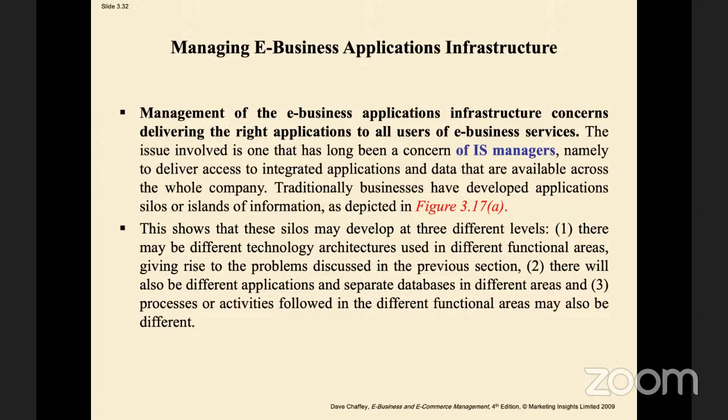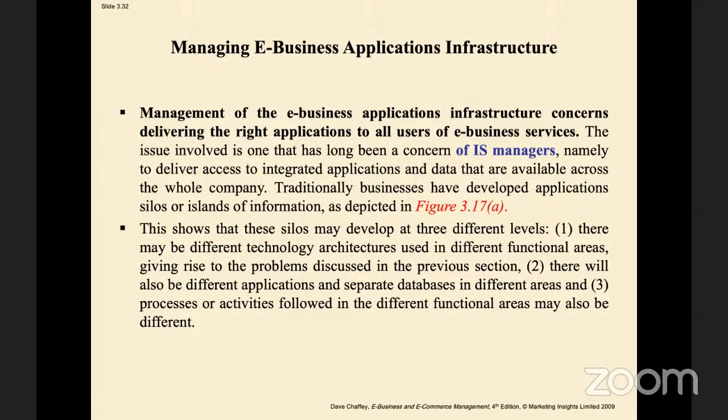Traditionally, businesses have developed applications as silos, or islands of information, as depicted in figure 3.17a. This shows that these silos may develop at 3 different levels. What are the 3 different levels here?